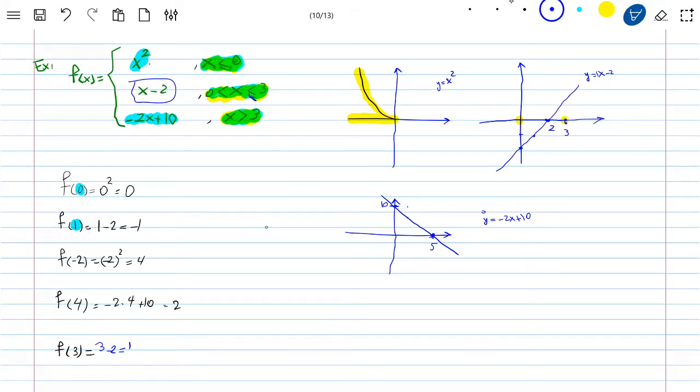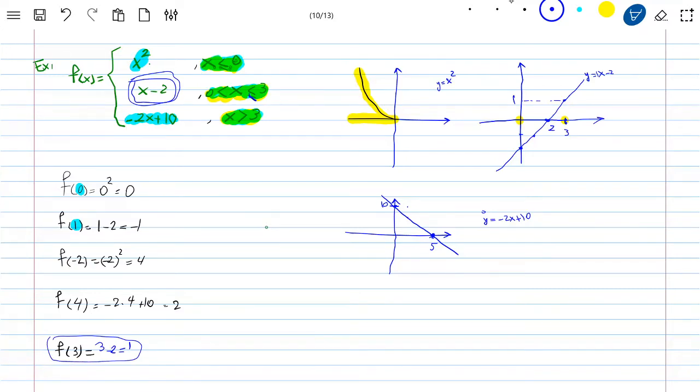What is the y value at 3? I want to figure out what this y value is. You replace 3 into the function. 3 minus 2, you'll get 1. So I'm replacing into the equation to see what the y value is. We already did that. F of 3 turns out to be 1.